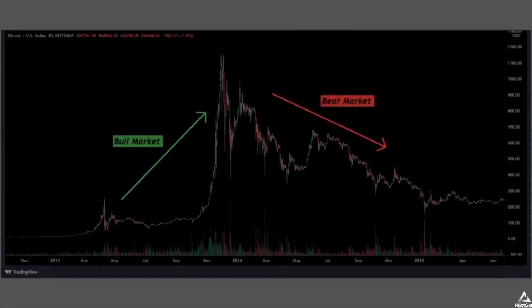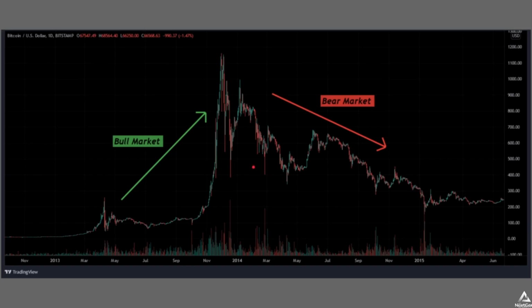Here are some examples of previous market cycles, and this is the Bitcoin chart. This is specifically looking at the 2013, 2014, 2015 cycle, where we saw in mid to late 2013 a dramatic bull market, a dramatic increase in prices.